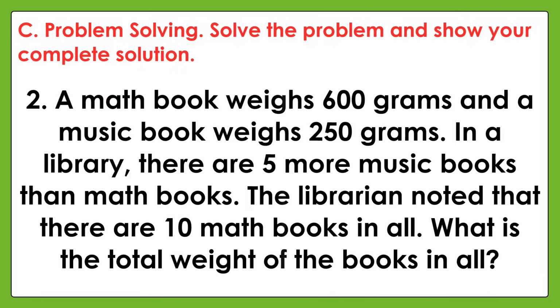Number 2, a math book weighs 600 grams and a music book weighs 250 grams. In a library, there are 5 more music books than math books. The librarian noted that there are 10 math books in all. What is the total weight of the books in all?